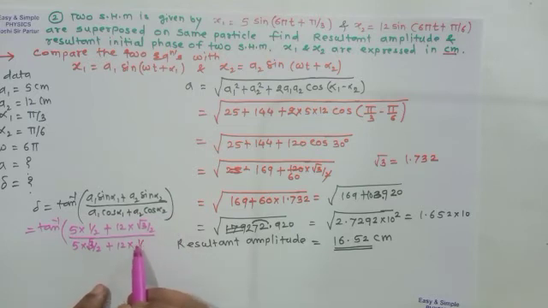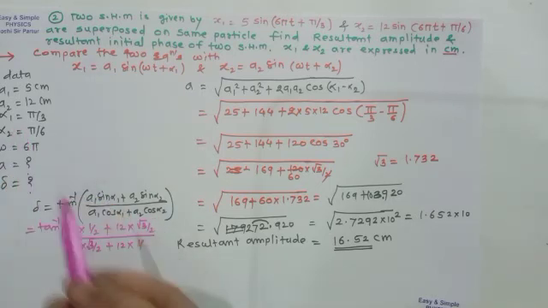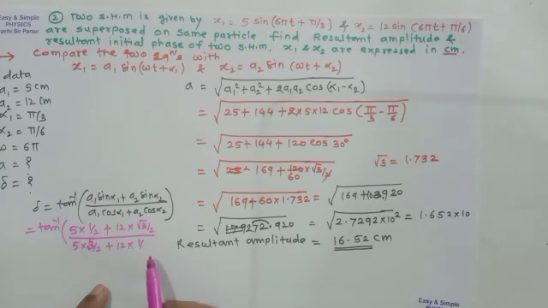Here alpha 2 will be 30 and cos of 30 will be square root of 3 upon 2.